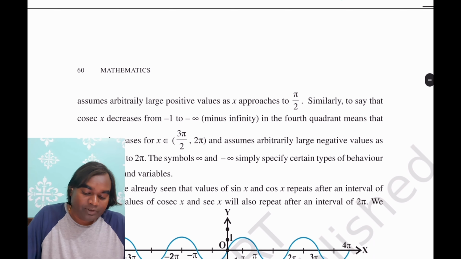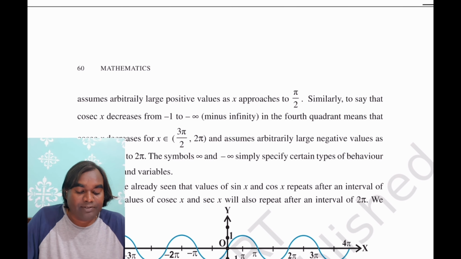Similarly, to say that cosec x decreases from minus 1 to minus infinity in the fourth quadrant means that cosec x decreases for x belonging to 3 pi by 2 to 2 pi, and assumes arbitrarily large negative values as x approaches 2 pi. The symbols infinity and minus infinity simply specify certain types of behavior of functions and variables.